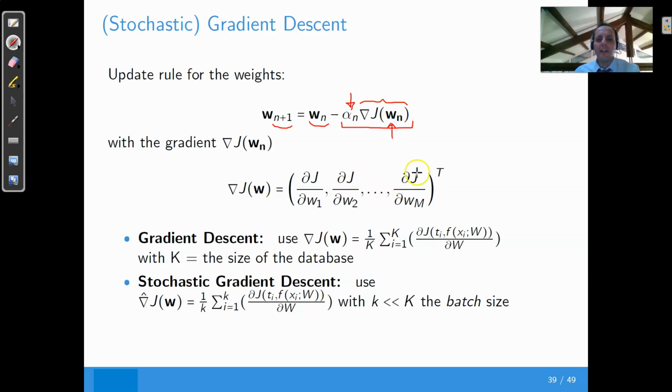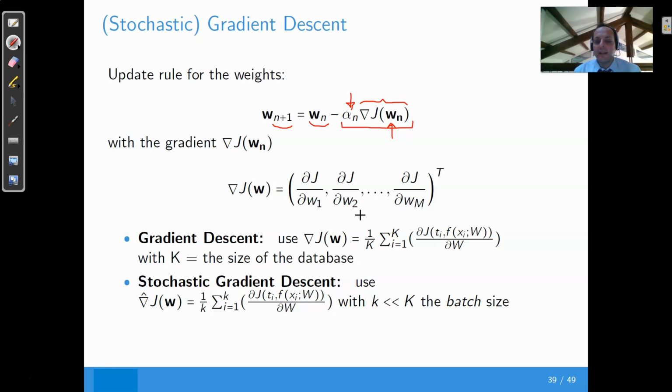And as you can see here, the dimension of this gradient depends, of course, on the number of the derivatives. So if the number of weights is important, the dimension of your gradient can also be important.